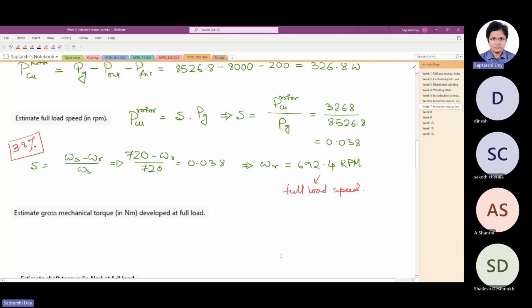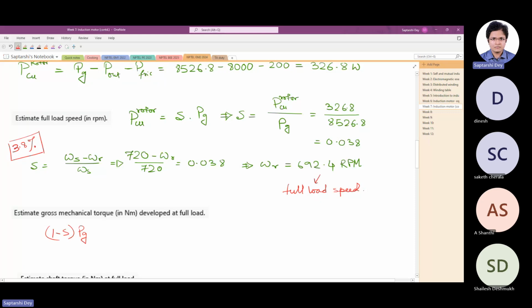Estimate gross mechanical torque developed at full load. The gross mechanical power is (1 minus S) PG.